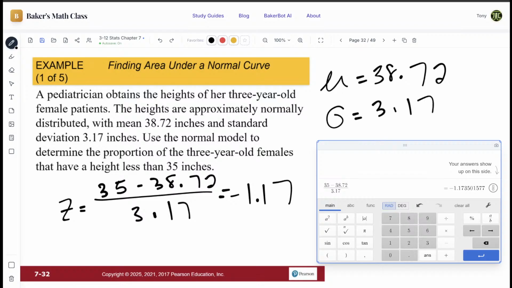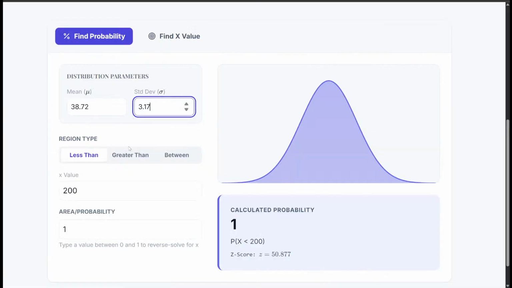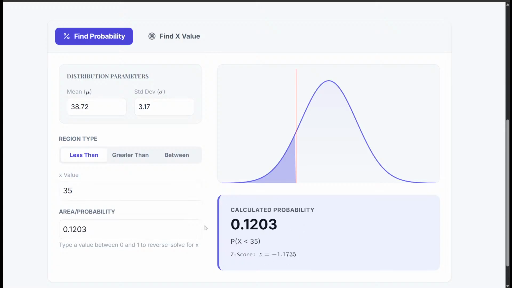So now we want to know what the percentage of that is. So 38.72, 3.17. And we're looking for less than 35. And if you notice right here, it gives you the probability and the z-score.